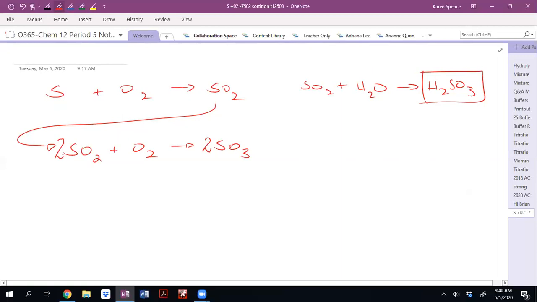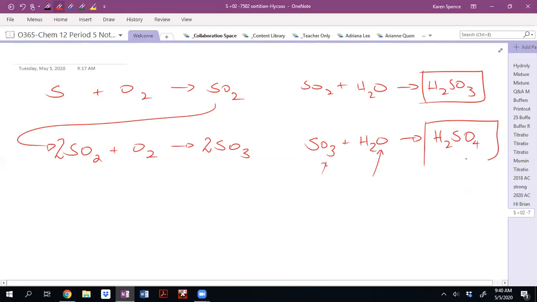And now SO3 itself can undergo reaction with water. And that gives us H2SO, and look, now we have 1, 2, 3, and a fourth one makes H2SO4.